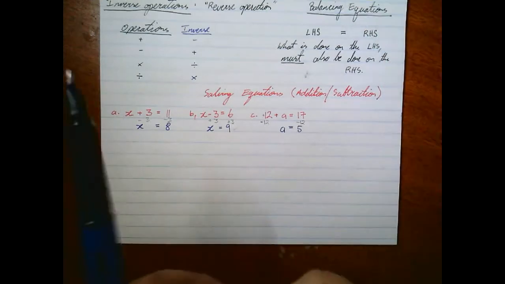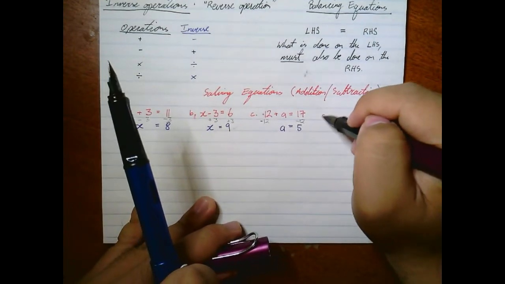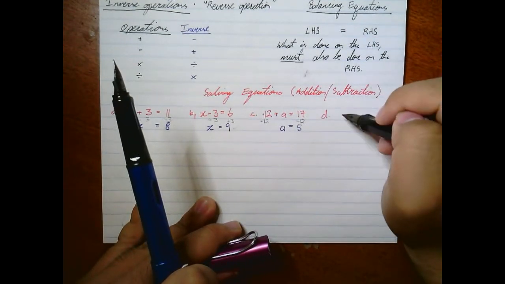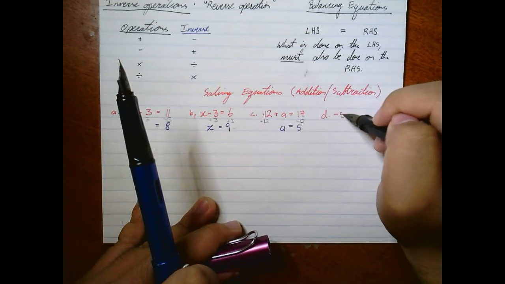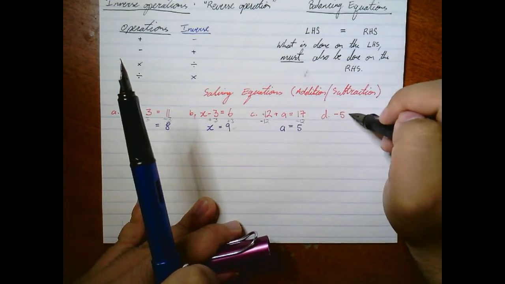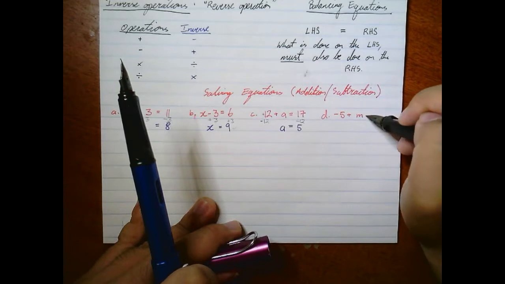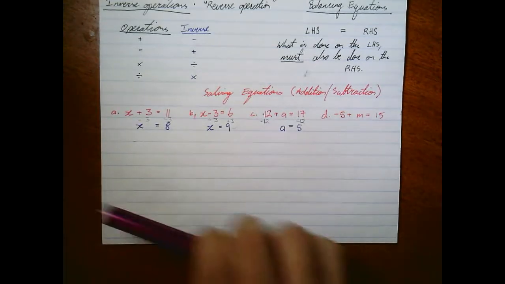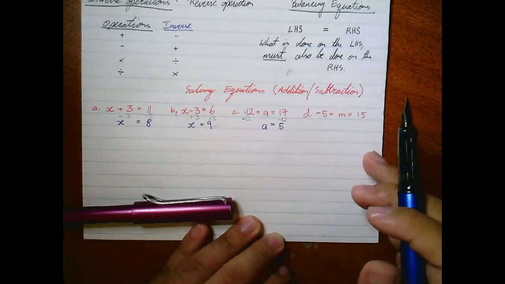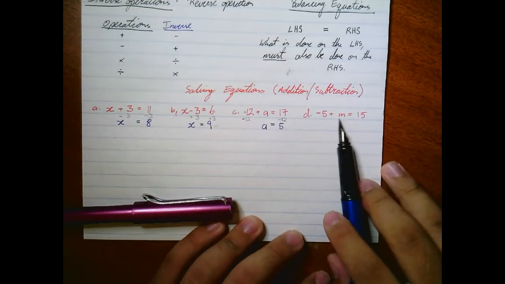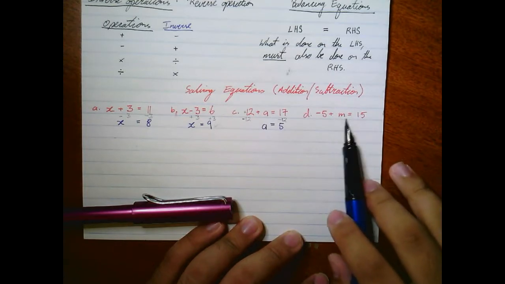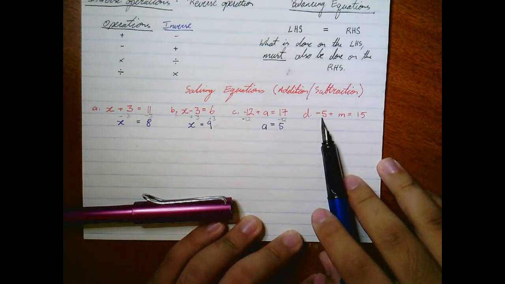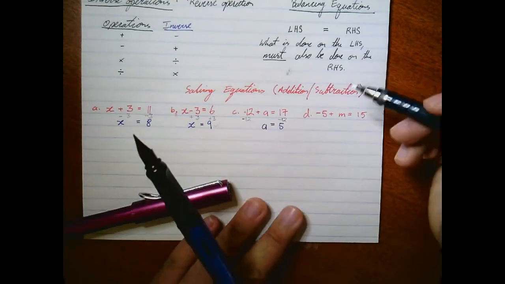Okay, let's move on. Question D. We have negative 5 plus m equals 15. Okay, once again, if you take a look, m is the variable or the pronumeral, and minus 5 is our operation.